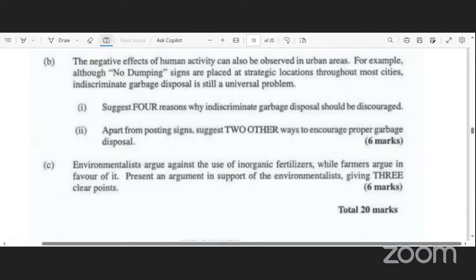So it can attract rodents and roaches, which could lead to community outbreaks of diseases. Very good. So Shania, that's what I'm looking for. If it's going to increase the number of mosquitoes, it's going to increase the amount of diseases as well, such as malaria, dengue fever, and all of that. So yeah.